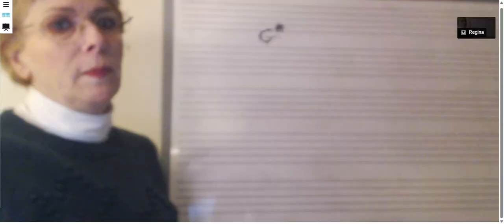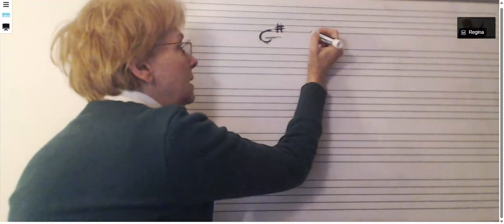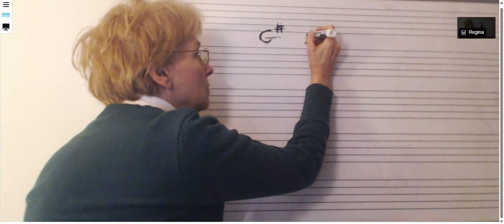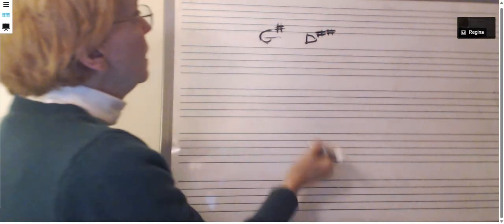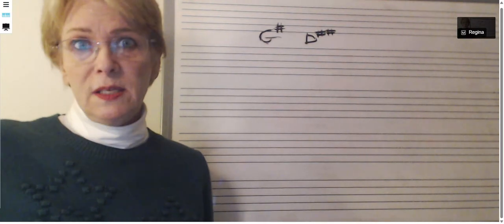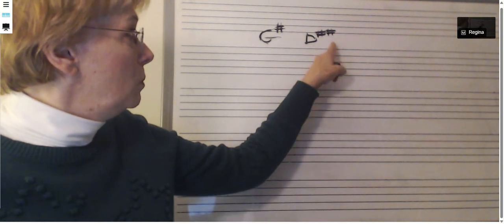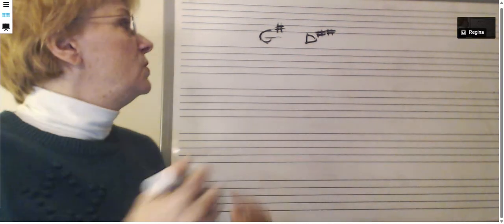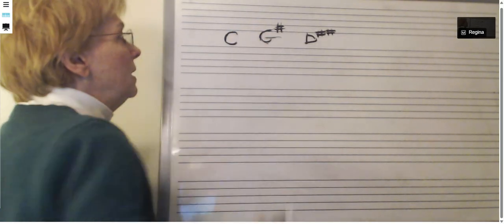Alright, G has one sharp, F sharp. So the closely related major keys to G would be the one that has two sharps, which is D. And the one that has one fewer, we're looking at the circle of fifths basically, but the easiest way to look at it is one that has one more and one fewer. So we'll say C major, which has none, right?